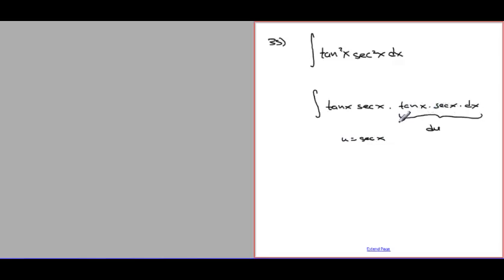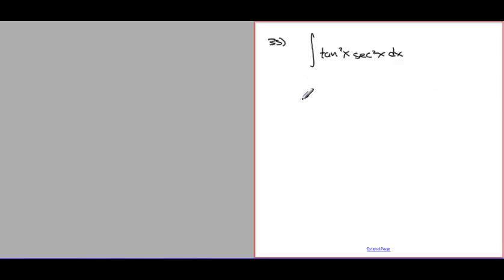So you look over here and say, okay, I've got tangent and secant, but I need just secant. The problem is that I have tangent, and I don't have tangent squared, so I can't use any of the Pythagorean identities. So that's not a good choice.